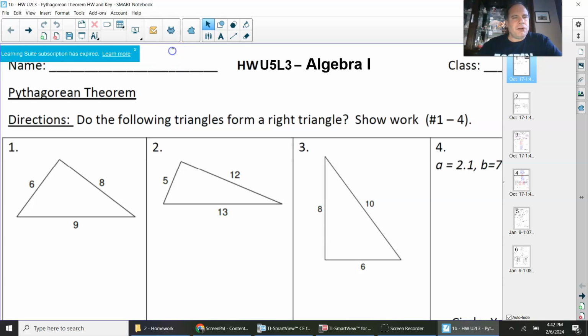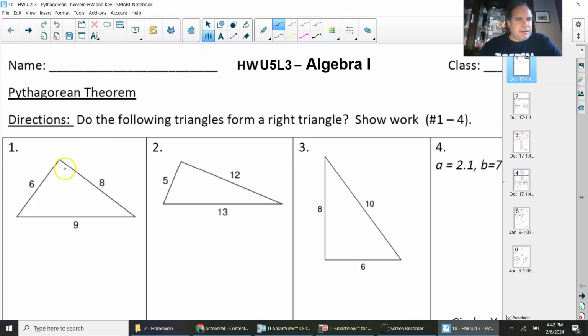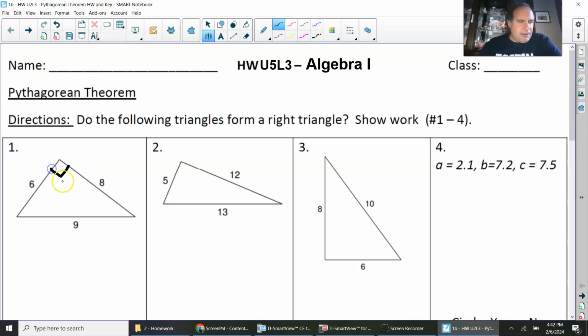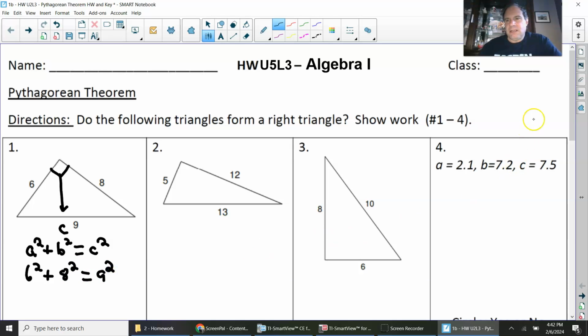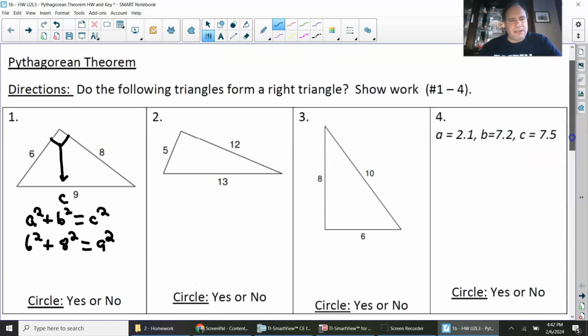I'll just take number 1. This is the right angle there, and this is side C. So once you identify side C, then you're able to do a squared plus b squared equals c squared. So I'm just going to put a in as 6 squared, put b in as 8 squared. Just remember, 9 squared must be in the place where it needs to be.